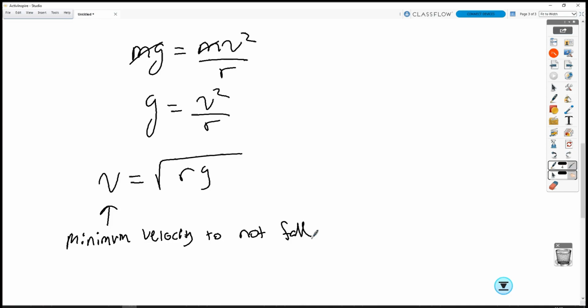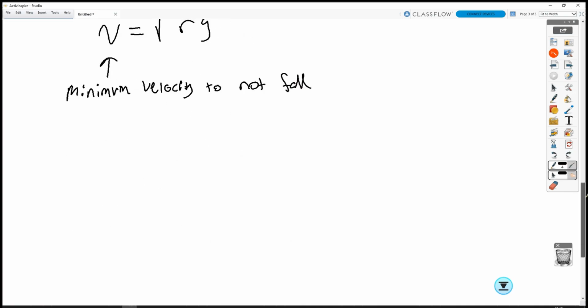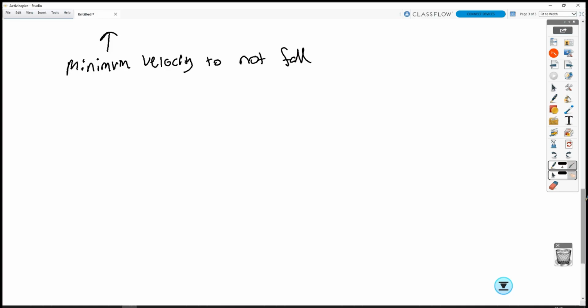Now, that's the minimum velocity to not fall, but there's also a minimum velocity to reach the top. Because you might only go fast enough that you get about halfway up and you don't actually manage to reach the top. So to reach the top, consider energy changes.